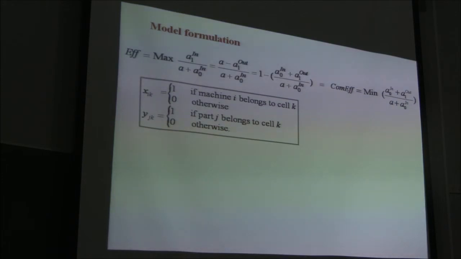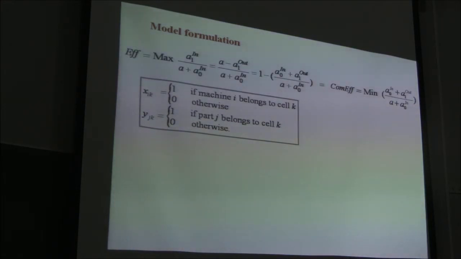So to specify the problem or the model, we use two sets of variables. A set of variables x_ik, indicating if the machine i belongs to the block or the cell k, and y_jk has a similar definition.